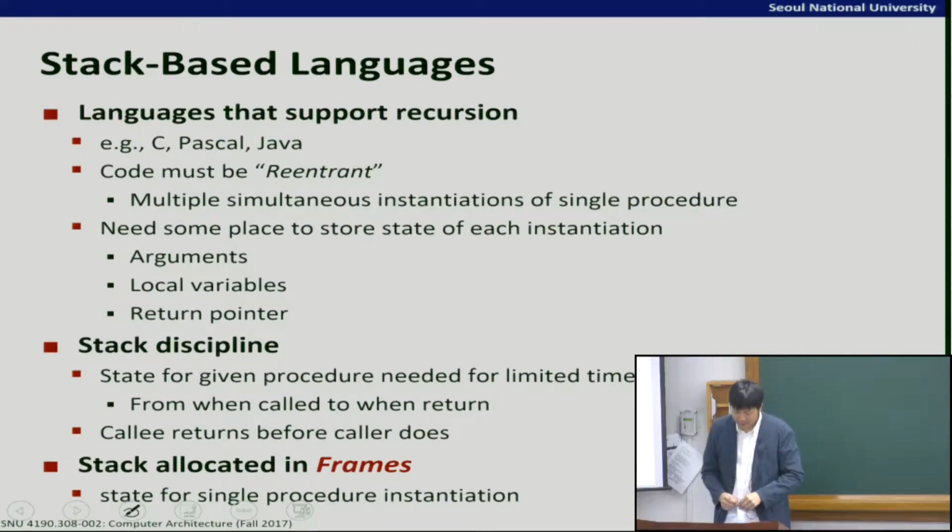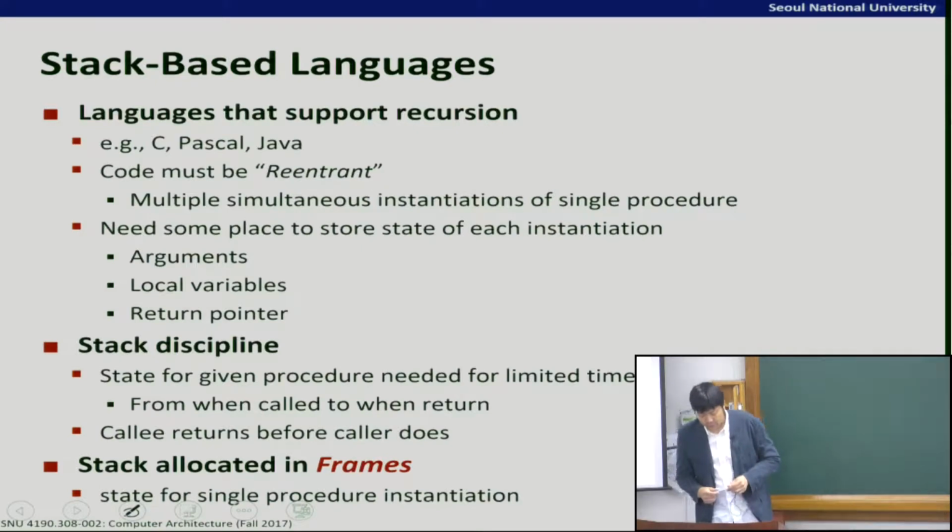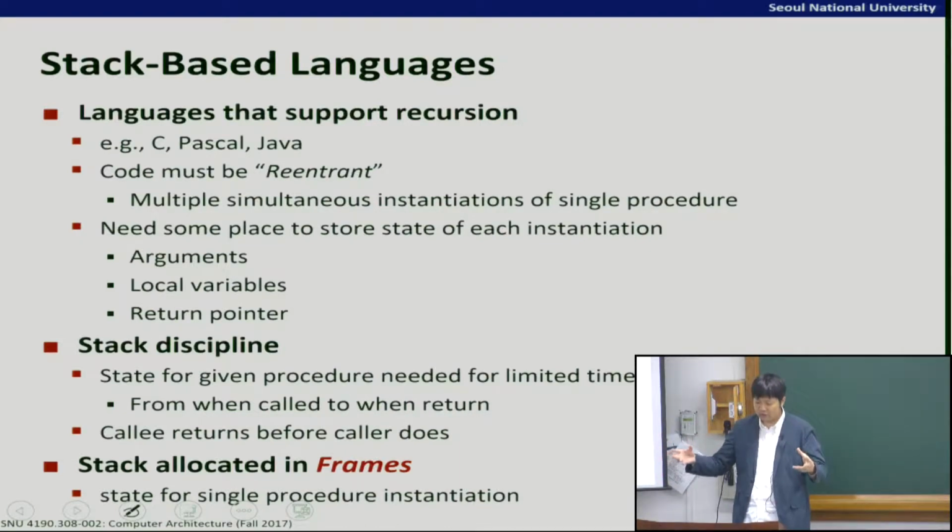C, Pascal, Java, major programming languages support recursive calls. And if a language supports recursive function calls, then the code must be reentrant. Reentrant means that multiple simultaneous instantiations of a single procedure can exist, right?